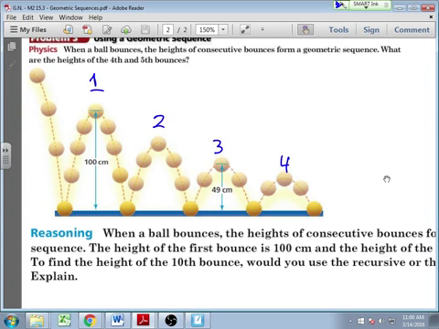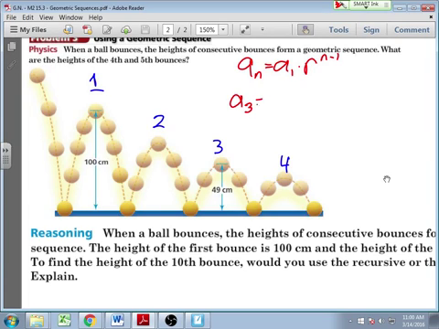Setting up our explicit formula with what we know. So I know that my general form of my explicit formula, a sub n equals a sub 1 times r to the n minus 1. I know my a sub 3 and I know my a sub 1. We cannot use our a sub 1 here because then it won't tell me my ratio, because anything to the 0 power is 1, so it won't really do anything for me.